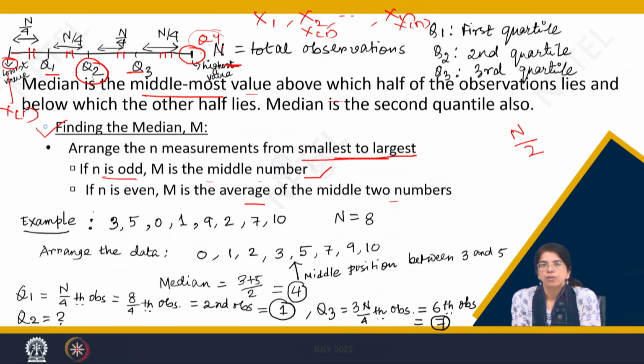First you have to arrange the data: 0, 1, 2, 3, 5, 7, 9, 10, and since n is even, you can split into two halves, 8 by 2, so 4. So, the median will be one place below which 4 observations lie and above which 4 observations lie. So, this position is meant for the median.